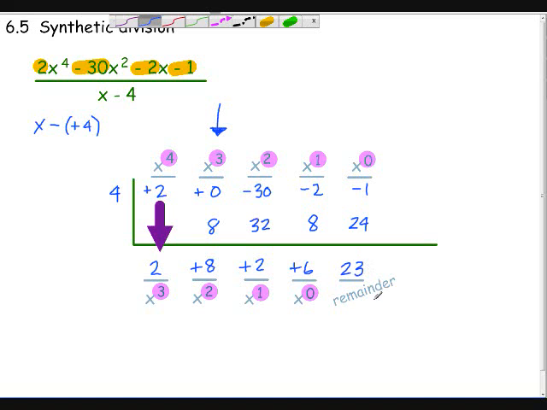Oh, my nice streak of no remainders has changed now. This time I have a remainder. X minus 4 is clearly not a factor of this polynomial. However, it doesn't change the fact that I now know what the quotient is.